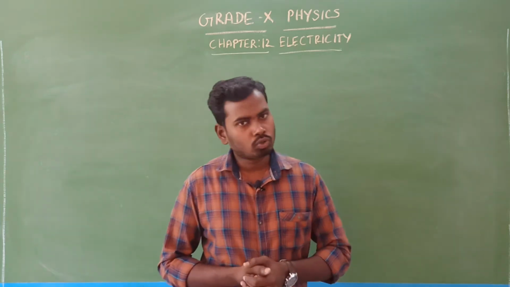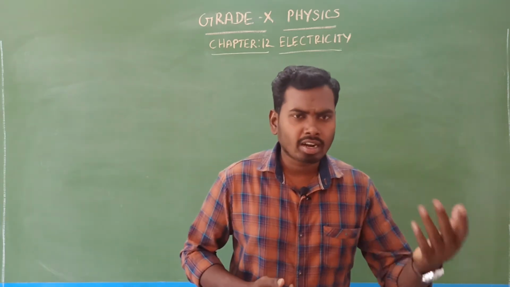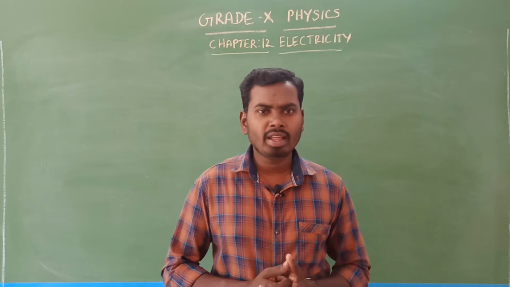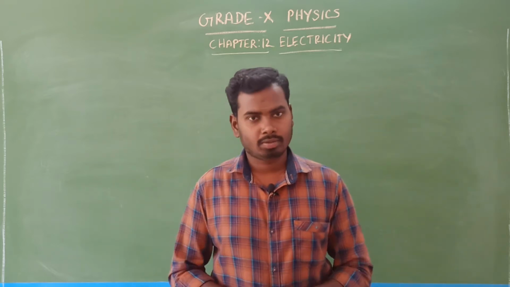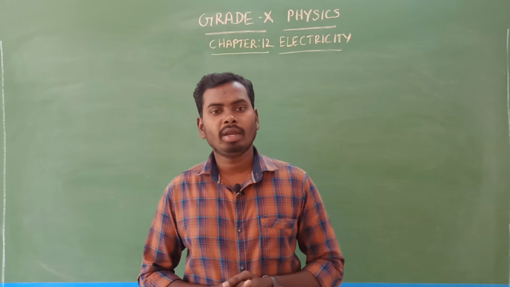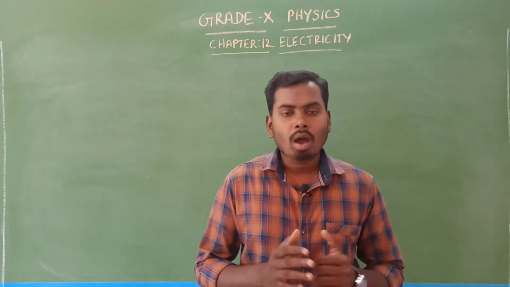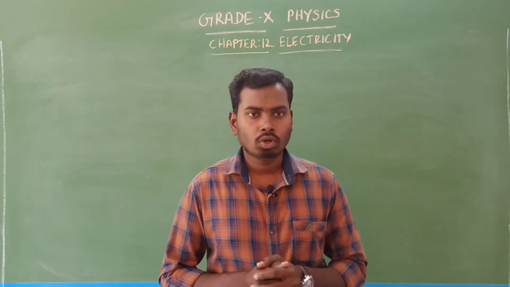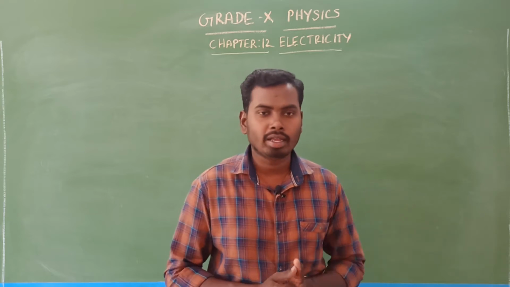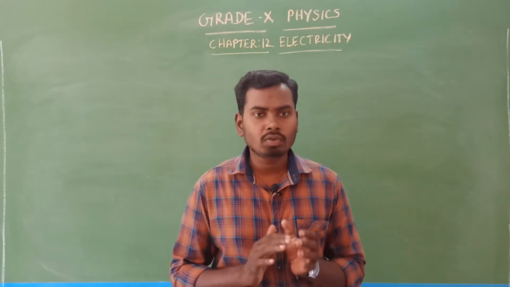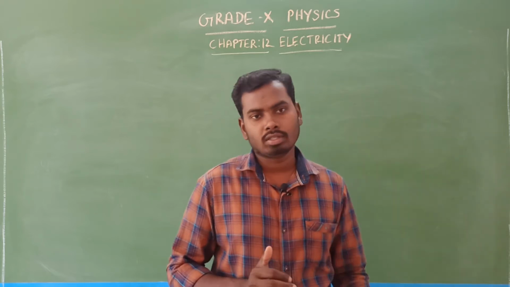So what happens to the voltage, current and resistance in series combination as well as parallel combination of the resistors? First one, series combination. The same amount of current flows across all the resistors. Whatever the resistors connected in series combination, the same amount of current flows through all of them.